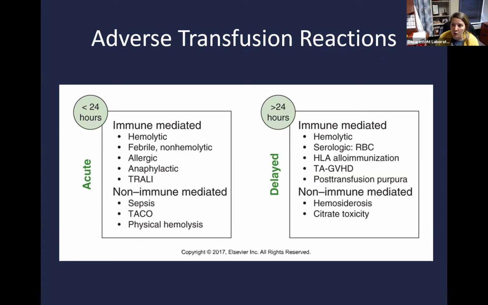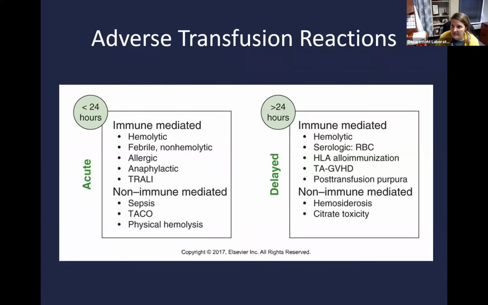Those are all immune mediated, meaning that the body launched an immune response, versus non-immune would be the unit was contaminated with bacteria, or remember we talked about TACO being a circulatory overload, or the presence of hemolysis in that unit. And then delayed immune would be a delayed hemolytic transfusion reaction such as JKA and JKB.